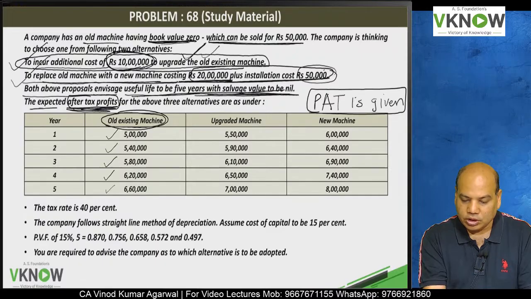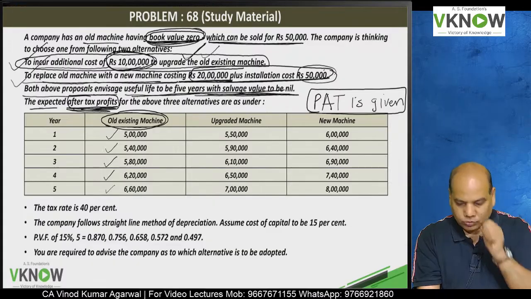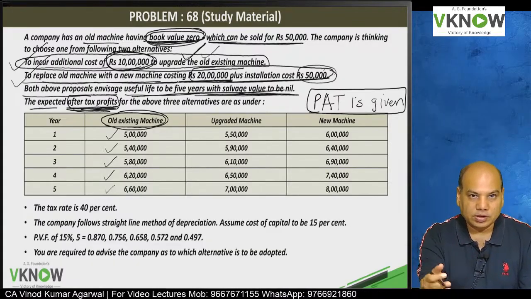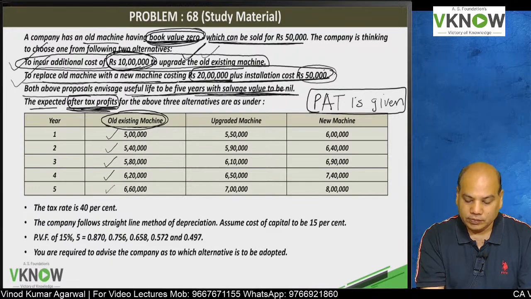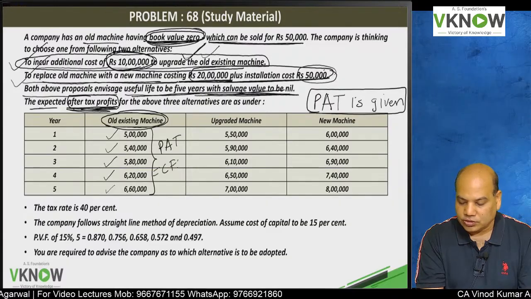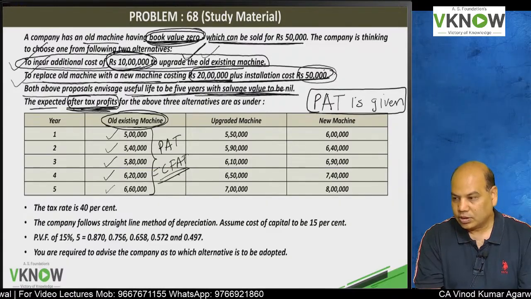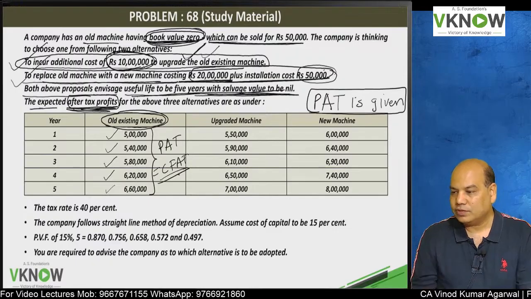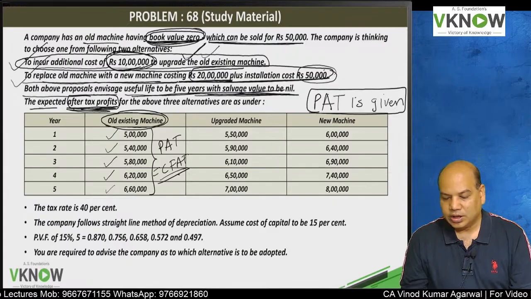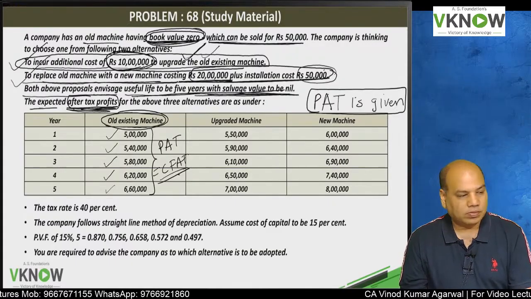An old machine already has 0 book value, so depreciation will be 0. If depreciation is 0, then PAT will become equal to CFAT, because the old machine already has reached 0 book value.